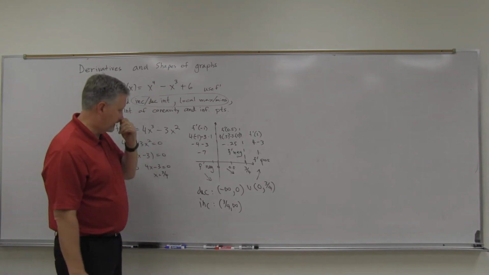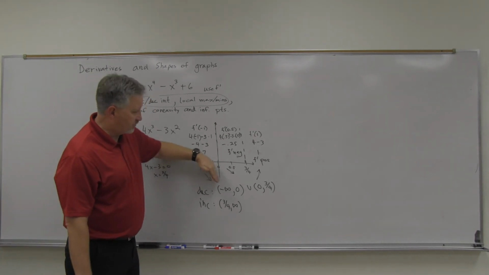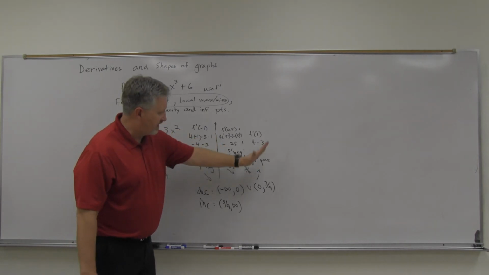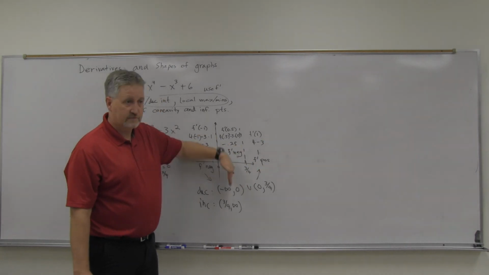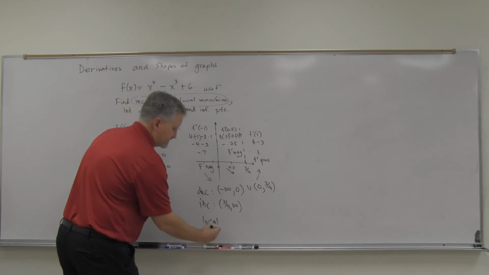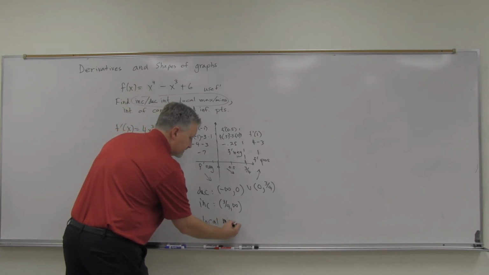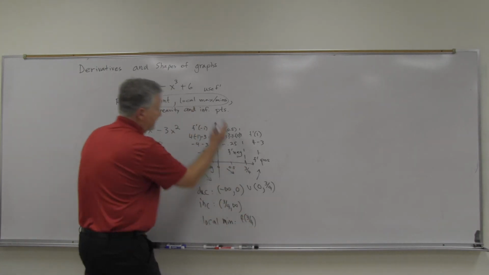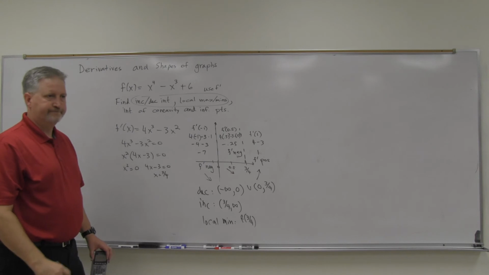So what have I got here? Negative to negative, so there's no local min or max there. Here I've got negative to positive, so that's a local min, and the local min is at f of 3/4. You can calculate f of 3/4 if you want to.